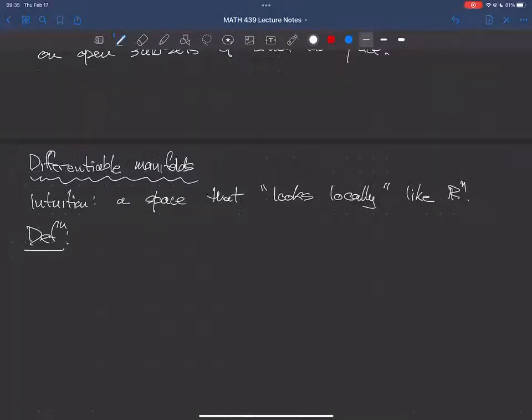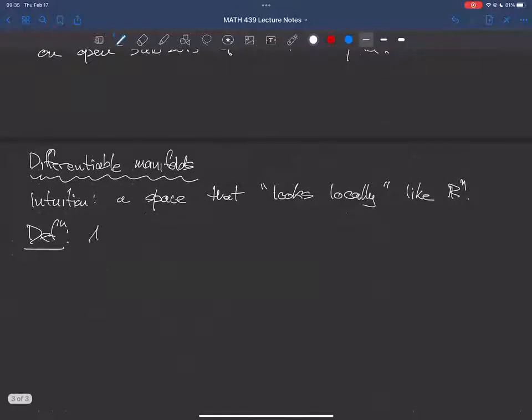So the definition of what's known as a differentiable manifold just takes a series of steps. And the first step is really just a way of encoding what "locally looks like" means. And it looks like this.